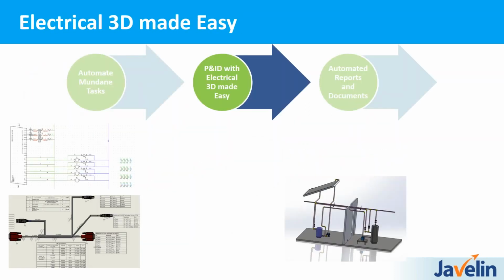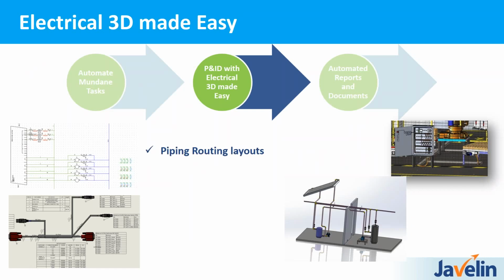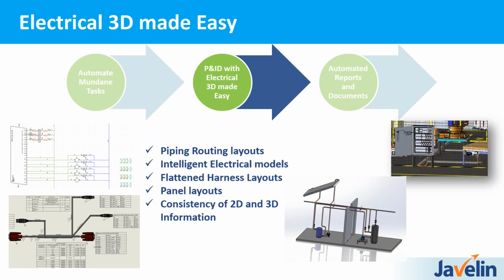We already went through some of this, but it's simple to create your piping routing layouts, and it's intelligent. When you want to add intelligence to electrical models on the 3D side of things, you can flatten and do harness layouts, you can flatten and do flattened pipe layouts.